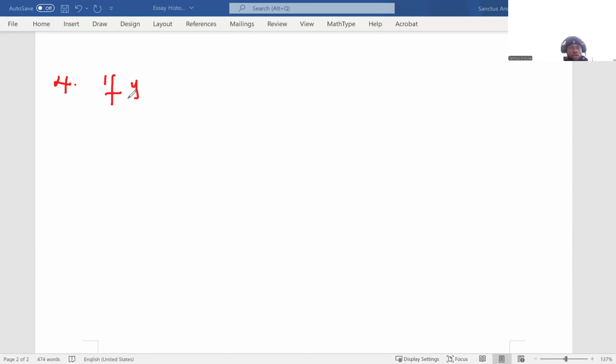If y is equal to, let's say, sine of 3x squared minus 1, all over x to the power 7. Okay, find dy/dx. Solution.